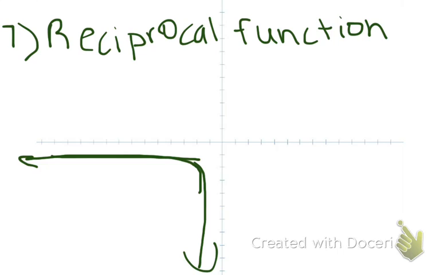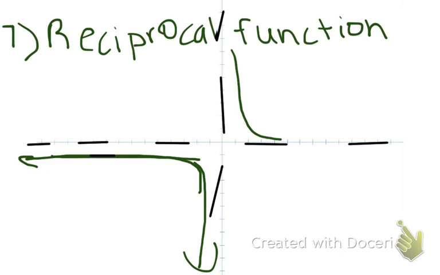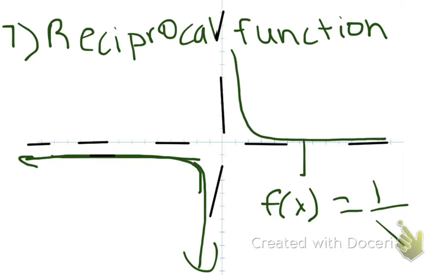So the asymptotes go along here, and whoops, that is really badly drawn. Okay, whatever. Well, you know, x and y. Got it. And then right here. Okay, perfect. And then this can be written as f of x equals 1 over x.